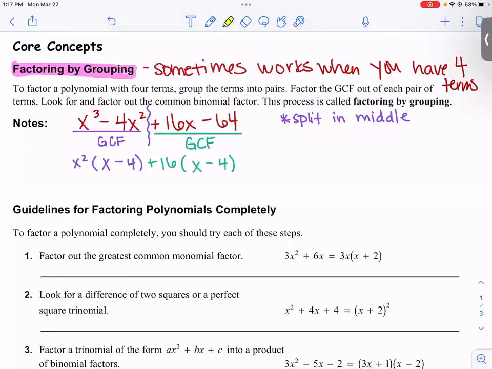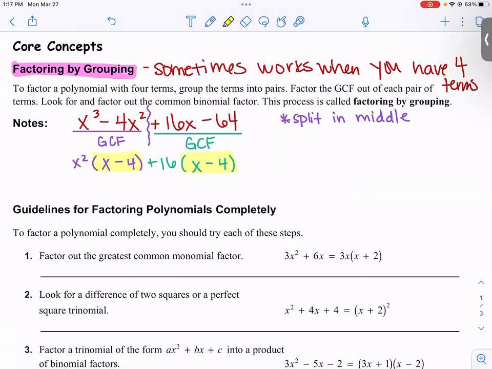Interesting. I see a pattern. It has to be like that for this to work. These two right here have to be the same. If they're not, then this strategy is not going to help us. So what I highlighted in yellow, that's a GCF.